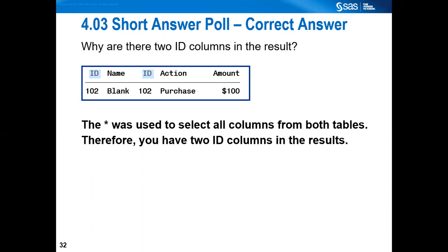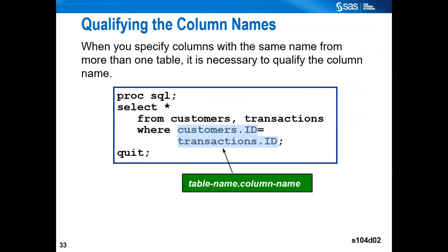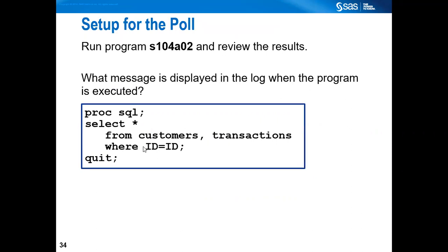Therefore, you have 2 IDs in the result. When you specify columns with the same name from more than one table, it is necessary to qualify the column names. Hence, you give the alias or the table name dot column name in your select clause, using the table name which you use in your from clause.